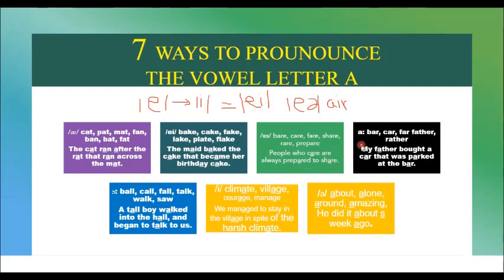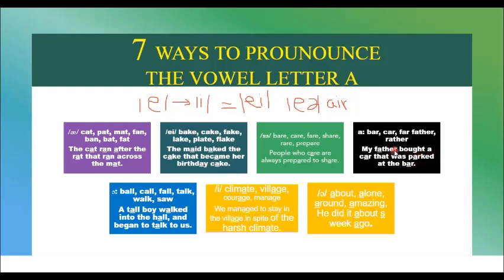Now, this brings us to the next sound derivable from the vowel letter A, and that sound is the long R sound. And that's the sound we have in bar, car, far, father, rather. Now repeat this sentence after me to familiarize yourself with the sound. My father bought a car that was parked at the bar.